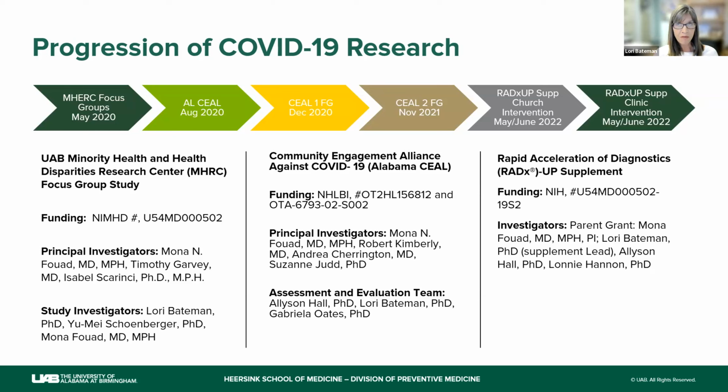Members of those groups helped us form the study. We sent the study through the IRB, and we were able to recruit individuals that were part of those BHCs quickly, and we had the whole thing completed by May of 2020, which is really pretty quick for a research study.